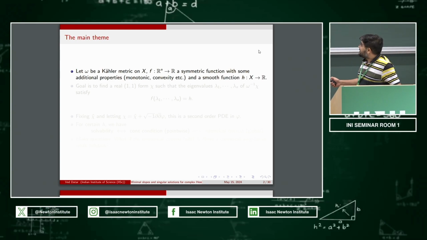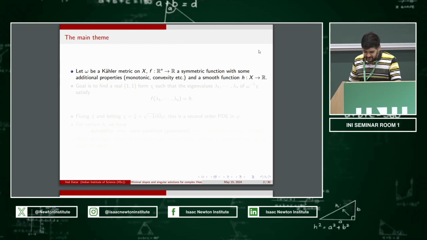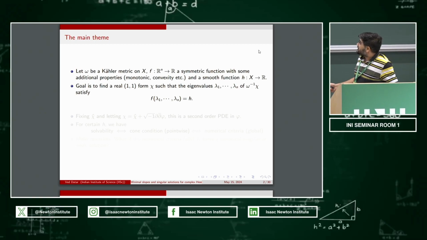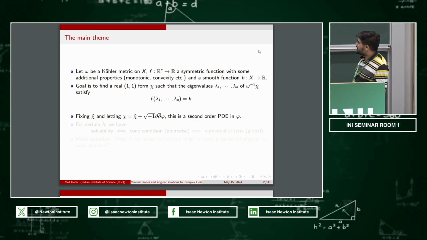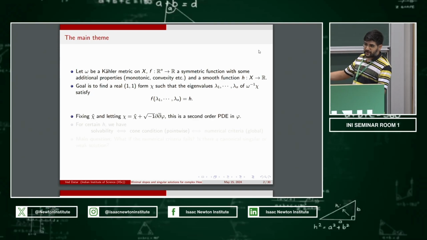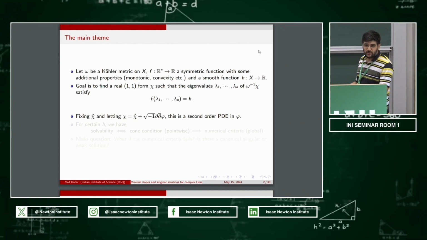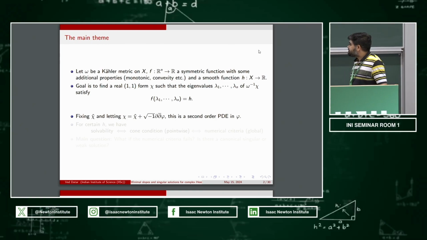And then a smooth function h, which is essentially going to be a right-hand side. The goal is usually to find a real (1,1) form chi such that the eigenvalues of omega inverse chi, or the eigenvalues of chi with respect to omega, satisfy this equation. And usually you solve in a particular Kähler class. So with respect to the potential, this actually gives you a second order PDE, right?